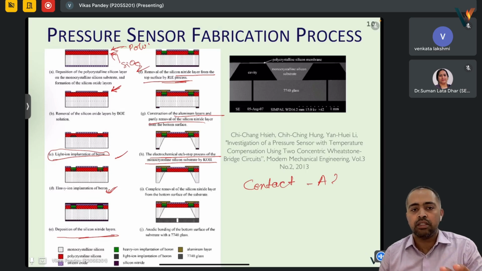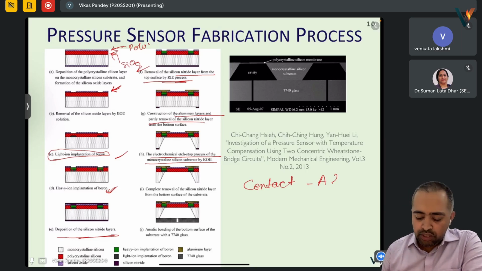So metallization is there, but the actual sensing is done through polysilicon based resistances. Now, using this electrochemical etch stop process of the monocrystalline silicon using KOH.